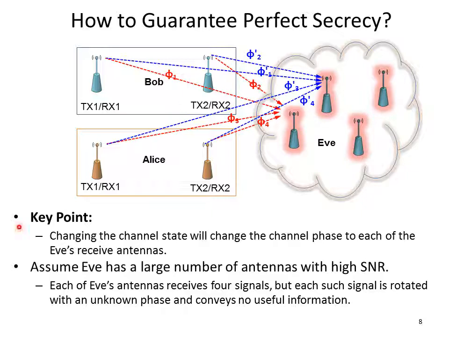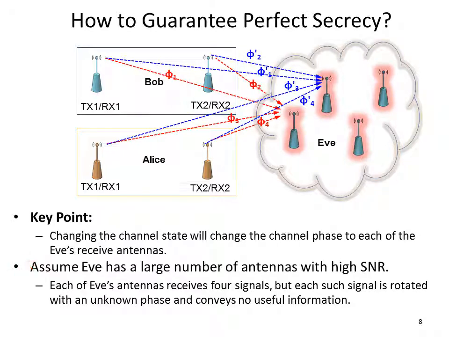Now, the key point is that changing the channel state, so this RF perturbation, I also refer to it as changing the channel state, will also change the channel phase to each of Eve's receive antennas. So it will not only change the phase between the two legitimate parties, it will also change the phase to the receive antenna of the eavesdropper.